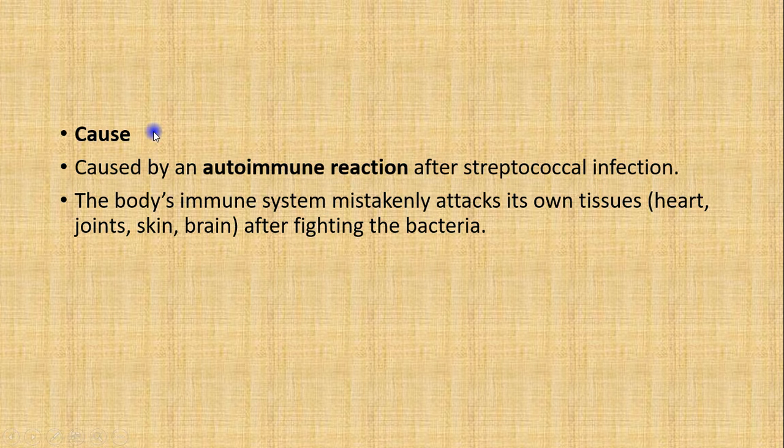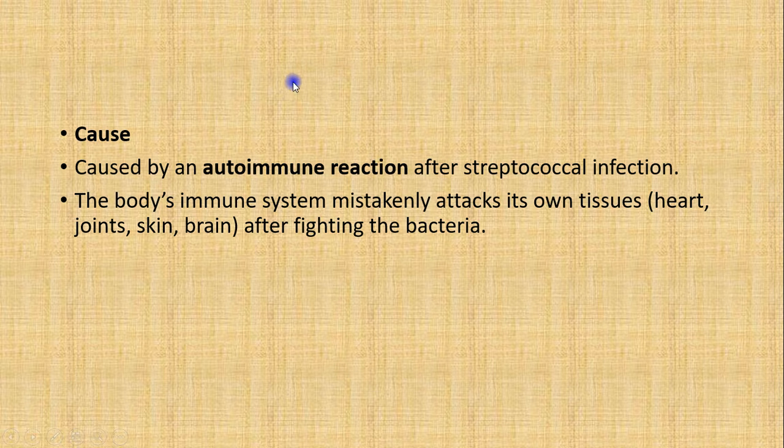What causes it? It is caused by an autoimmune reaction after streptococcal infection. The body's immune system mistakenly attacks its own tissue, like the heart, the joints, the skin, the brain, after fighting the bacteria.